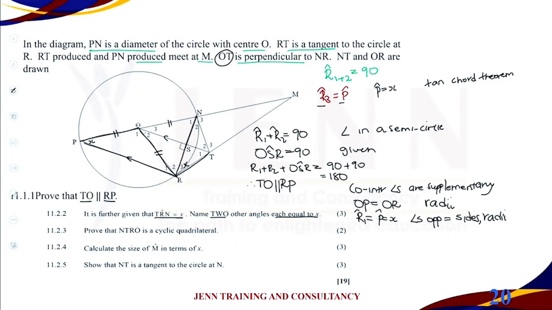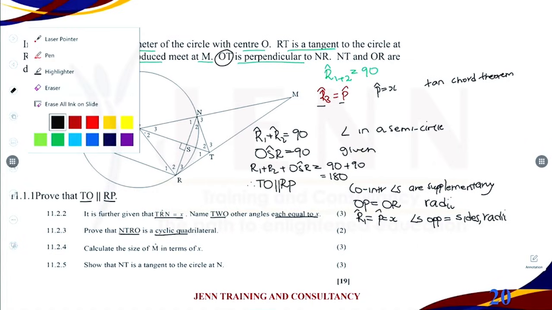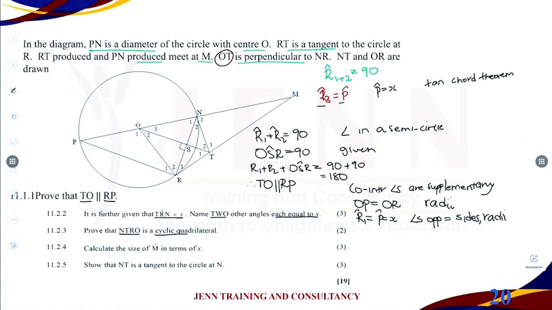Prove that NTRO is a cyclic quad. Now, if you are to prove that NTRO is a cyclic quad, you must follow the sequence.